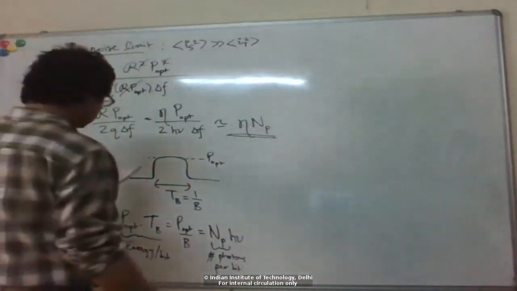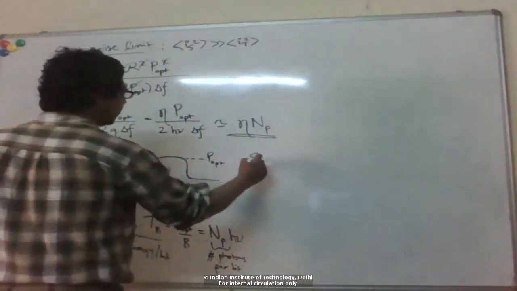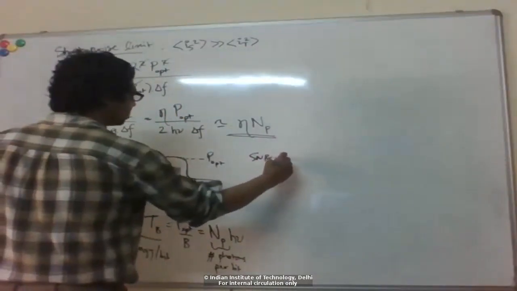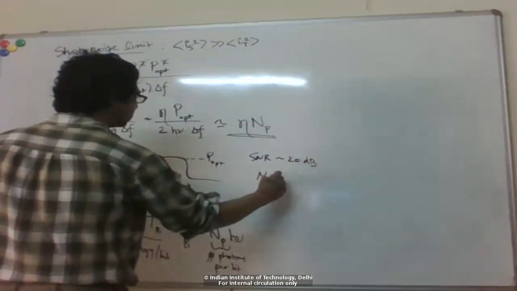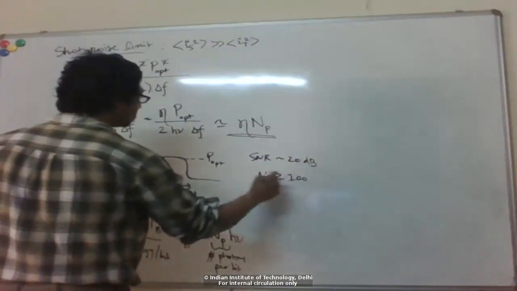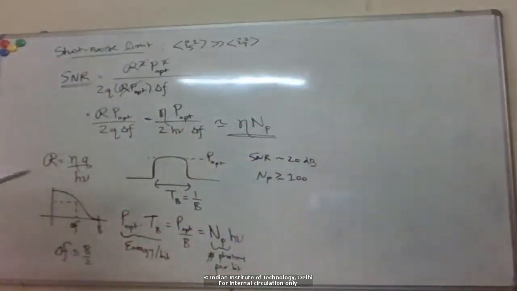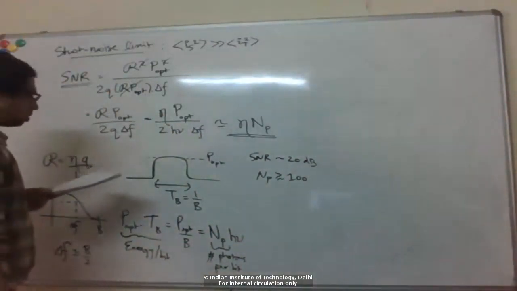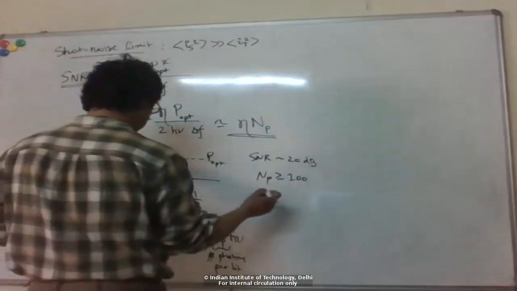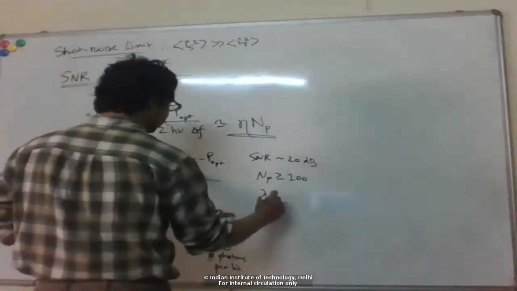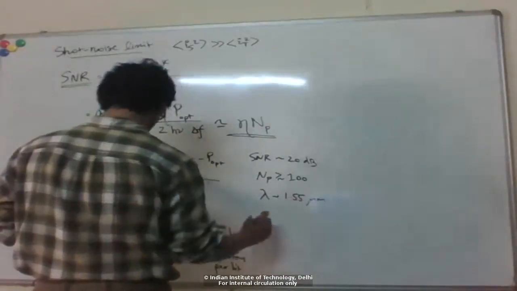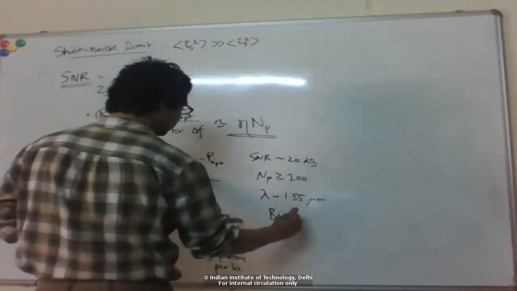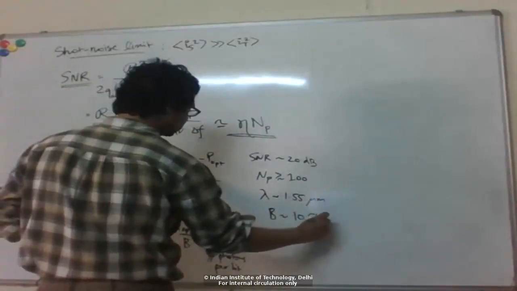Okay. So for example, if I want an SNR of 20 dB, then basically I need something like 100 photons, right, per bit. So if we assume a wavelength of 1.55 micron and a bit rate of, let's say, 10 gigabit per second.